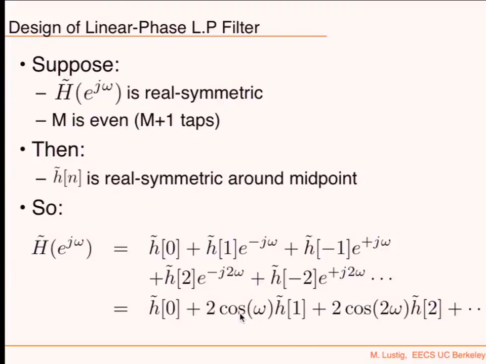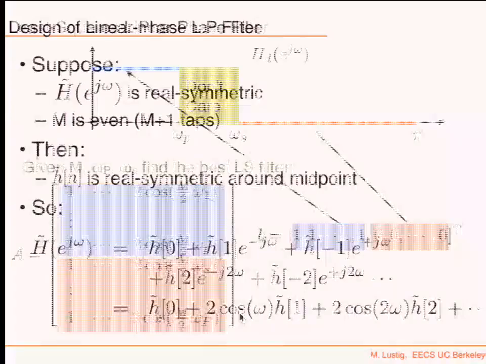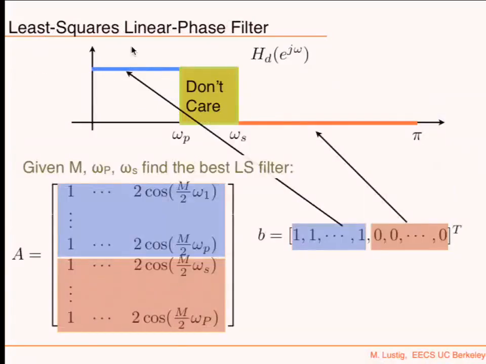But now that I'm going to impose this form, and I'm going to impose a symmetry, I'm going to guarantee that I'm going to get a real symmetric impulse response in my solution. So now I have a don't care region. I'm going to set B to be 1 in that region. I'm going to set B to be 0 in this region.